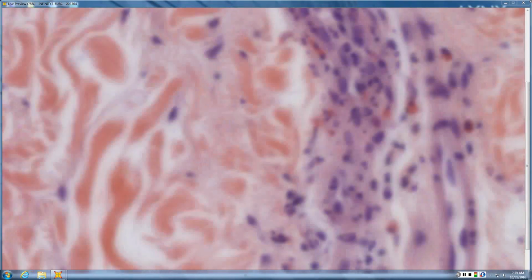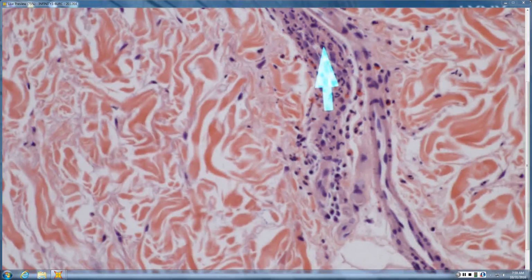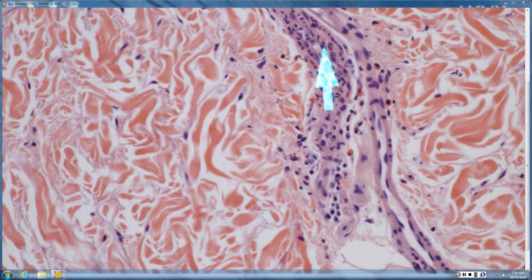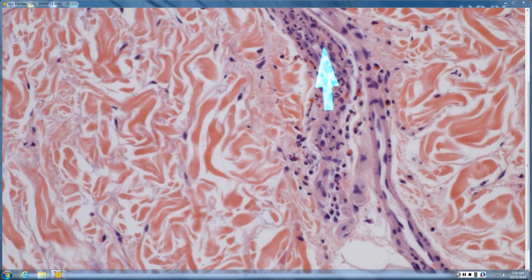The best analogy I've heard is it's ants at a picnic. If all of the ants are intact, you're fine. If there has been ant carnage and you have dismembered ant heads rolling about, that's karyorrhexis. Here, they look like ants. You can make out segmented bodies that are all grouped together.